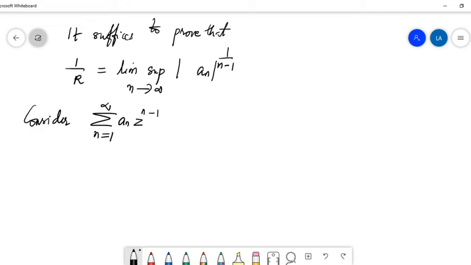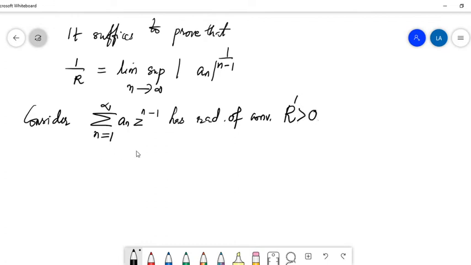There is just a small difference: earlier it was a_n into z raised to n, here it is a_n into z raised to n minus 1. Both are similar series. So this series also converges, but the radius of convergence will change. We are assuming that this series has the radius of convergence to be a number r dash which is strictly greater than 0.